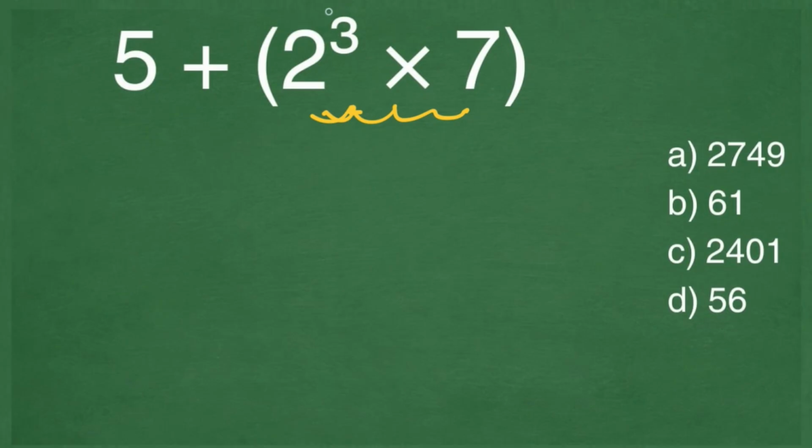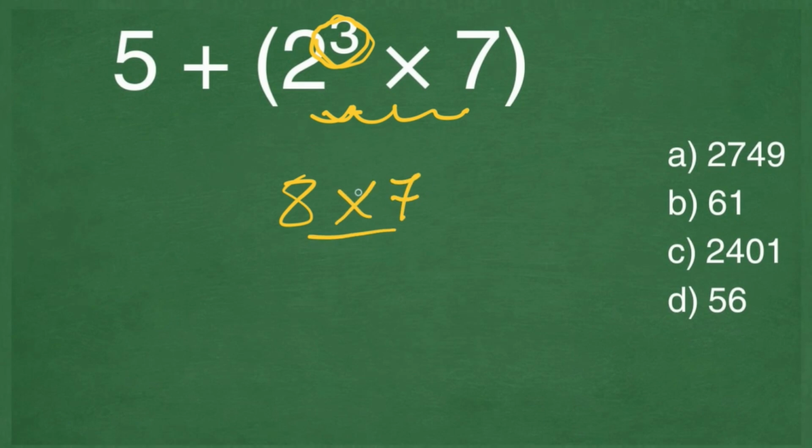But inside the parentheses, there is another priority: the power. So 2 to the power of 3 is 8. And 8 times 7 is the next part, which is 56.